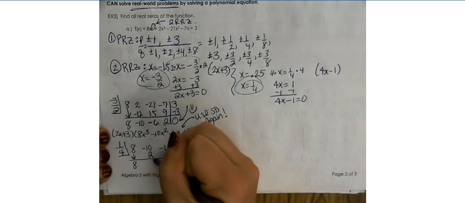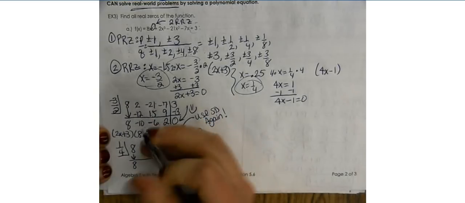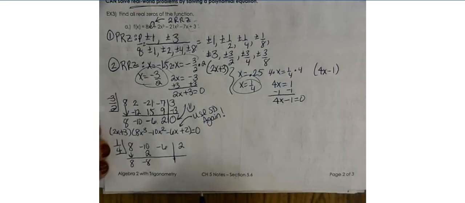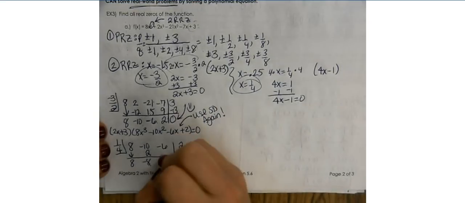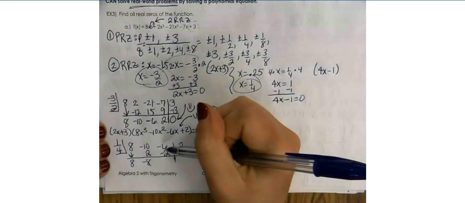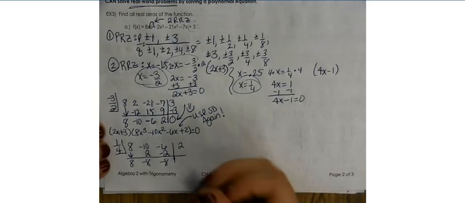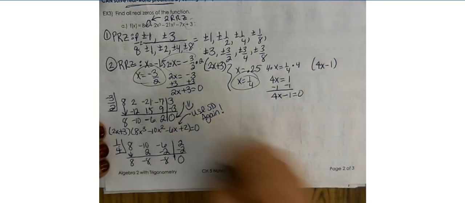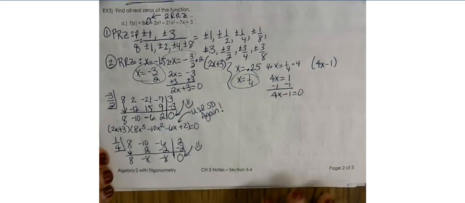Negative 10 plus 2 is negative 8. 1/4 times negative 8 is equal to negative 2. Negative 6 minus 2 is negative 8. 1/4 times negative 8 is negative 2, and 2 minus 2 is 0. Awesome. So I got a remainder of 0, which is exactly what I want.